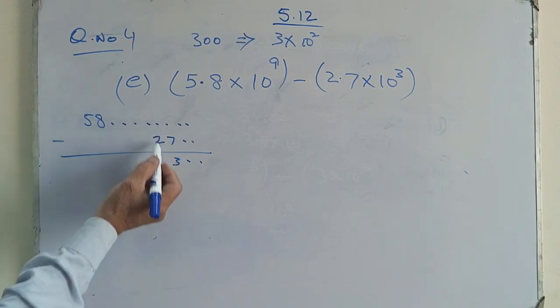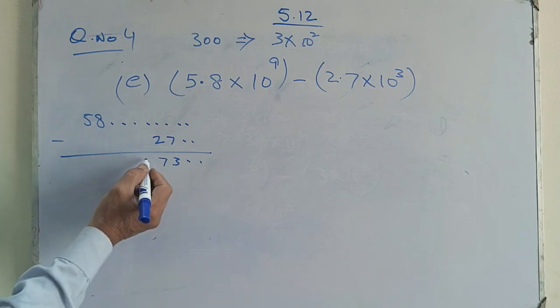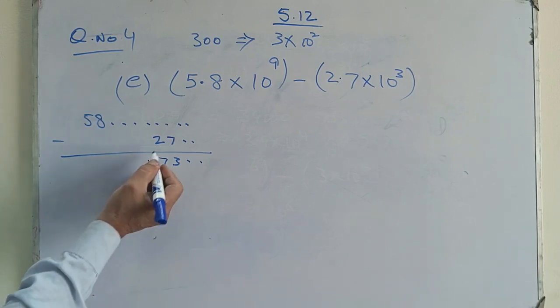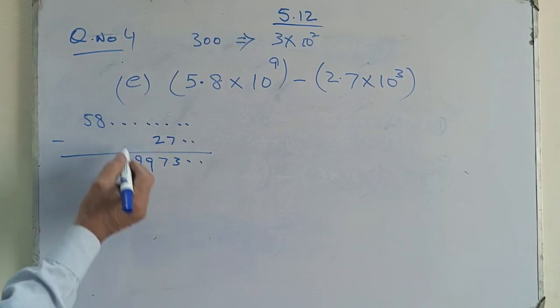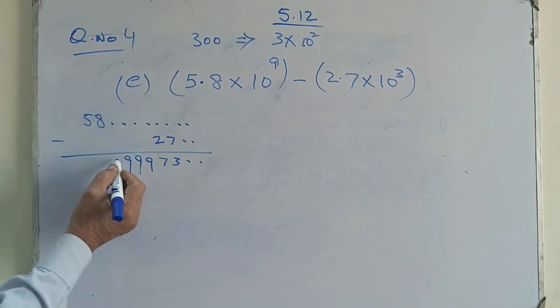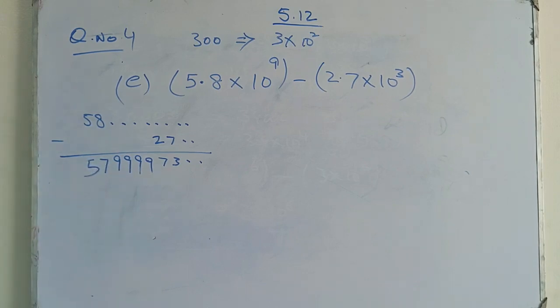Now this has become 9, it will become 7. Now these all are 9. 9, 9, 9, 9, 7, 5.